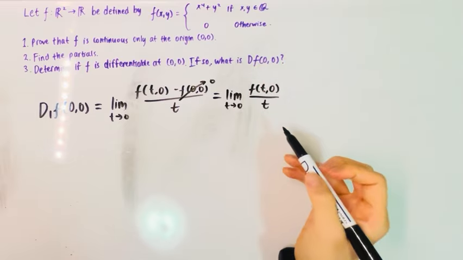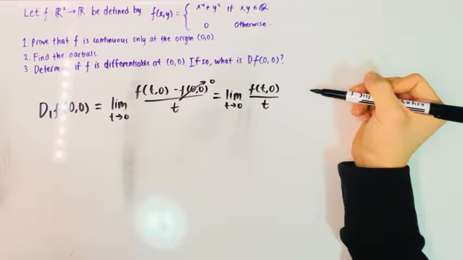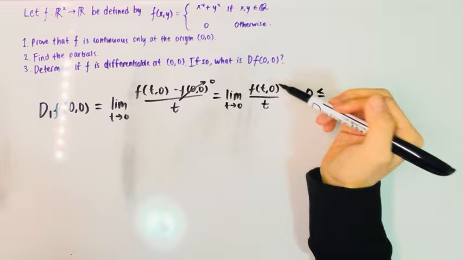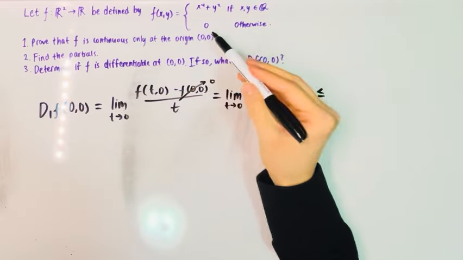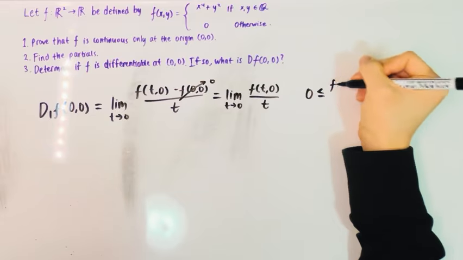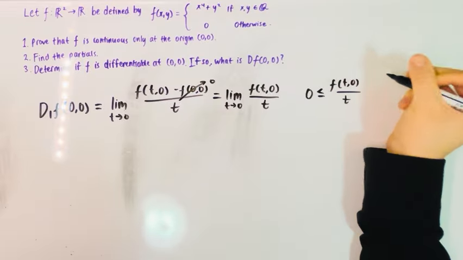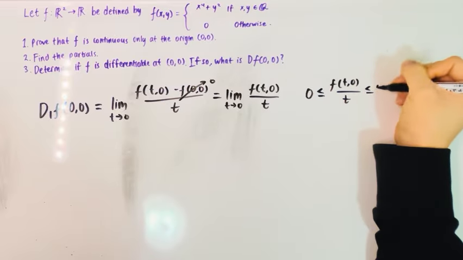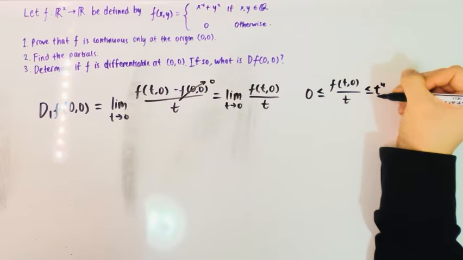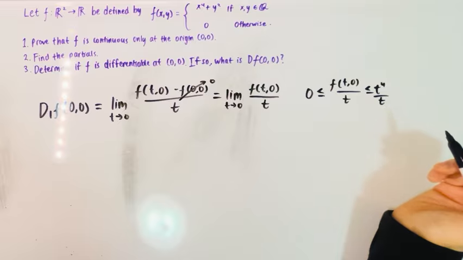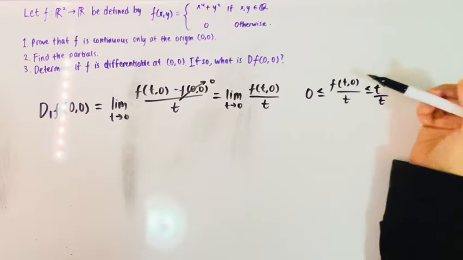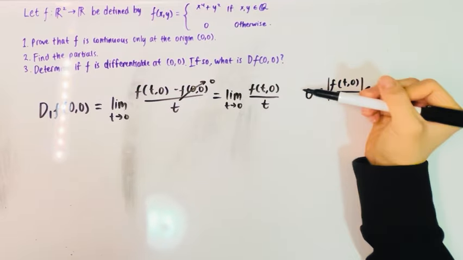By the squeeze theorem, in the case that t is irrational, it's bounded below by 0, and it's bounded above by t⁴ over t, which is always positive. Let's take the absolute value of everything just to make things easier.